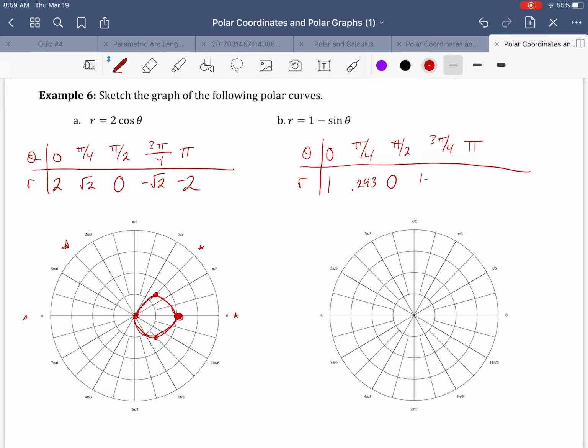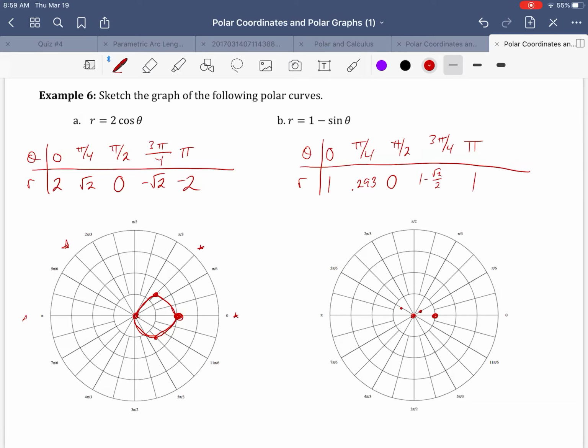So if you put them in it's 1 minus the square root of 2 over 2. And then pi gives me 1. So if I'm graphing these things, I face 0, I walk 1 unit. I face pi over 4, I walk 0.29, so not very far. Pi over 2, I'm 0. So now I'm back on the pole.